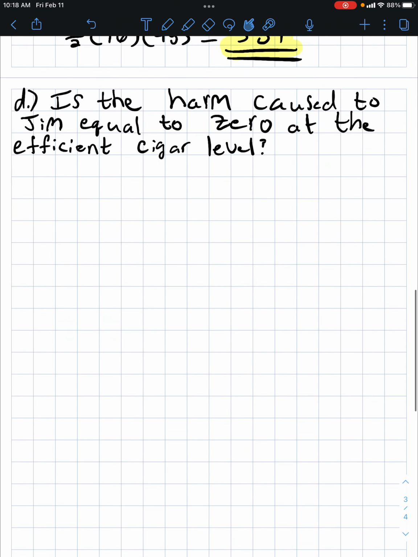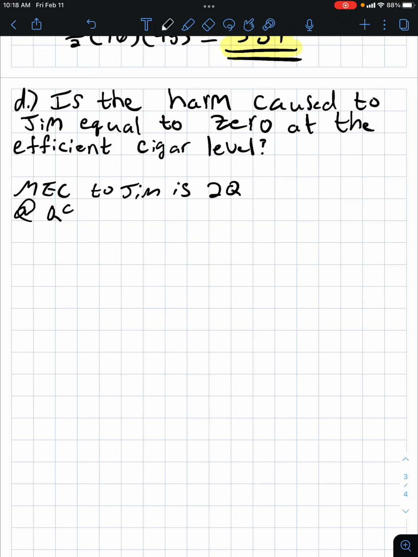That's part C. And now part D. Is the harm caused to Jim equal to 0 at the efficient cigar level? Well, the marginal external cost to Jim is 2Q. At the quantity at the competitive equilibrium, his marginal external cost is equal to 48, and this is just 2 times 24.